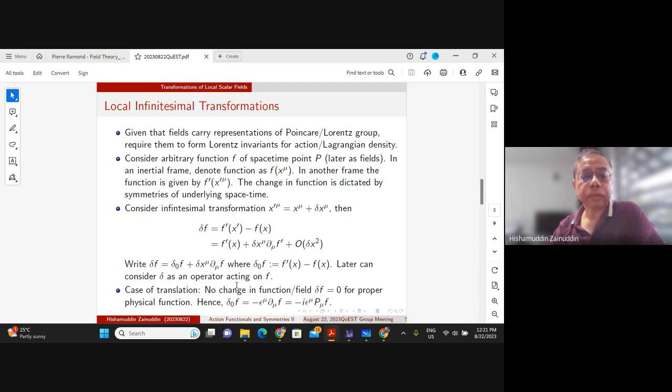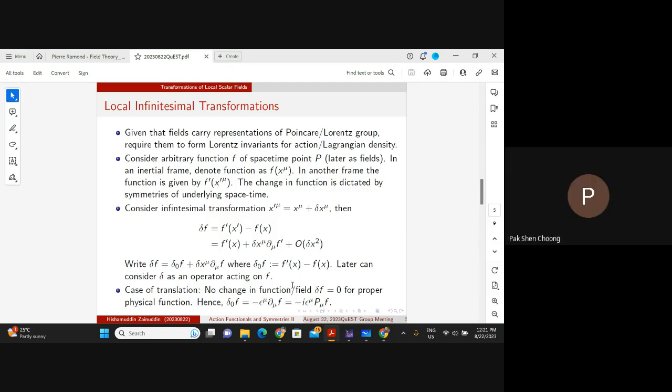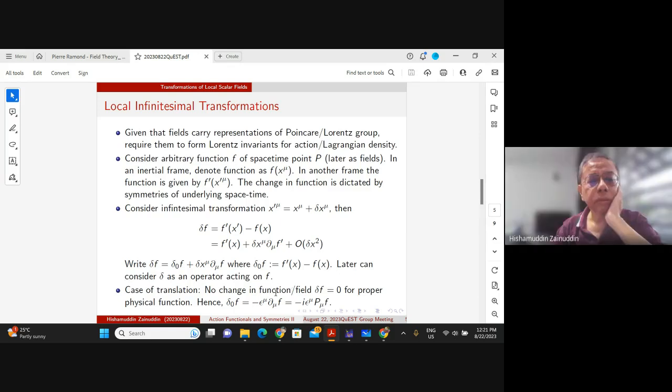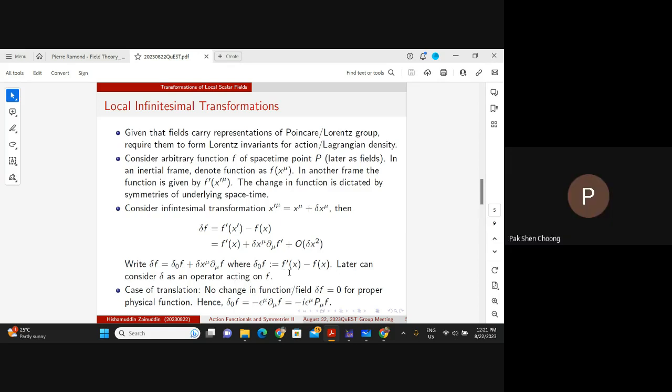Okay, now let's consider the, yes. That del mu f is f prime, right? Which one? The delta f. So you have delta naught f plus delta x mu, and then del mu should be f prime, right?